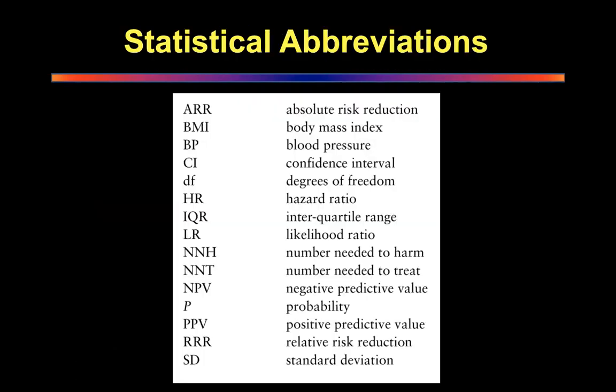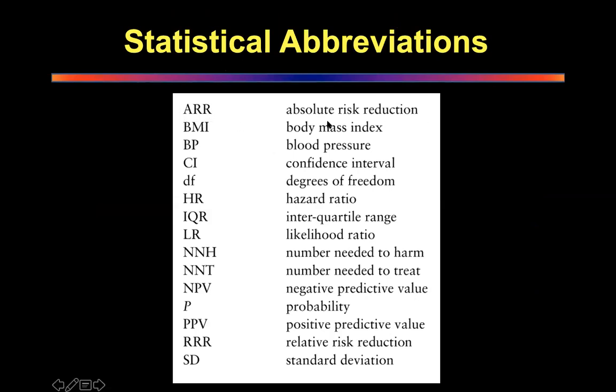Now, there are some abbreviations which will come up. I'll just flash these for you. We won't go into details of each one of these at the moment. When we go into individual statistics, we will show these, okay?